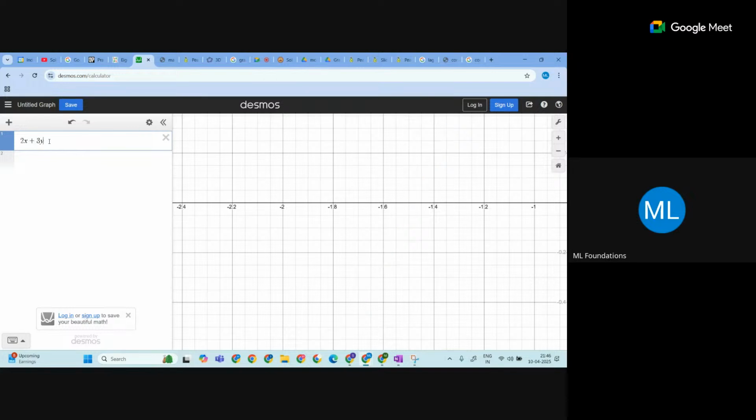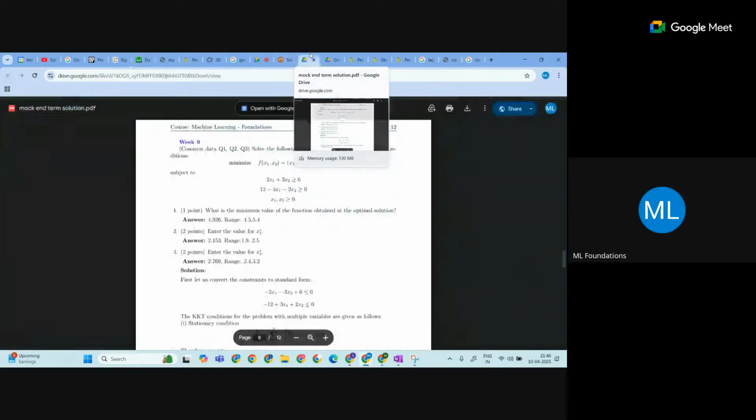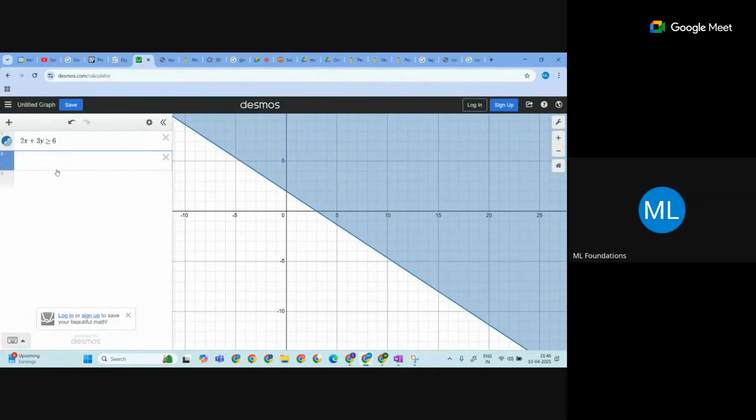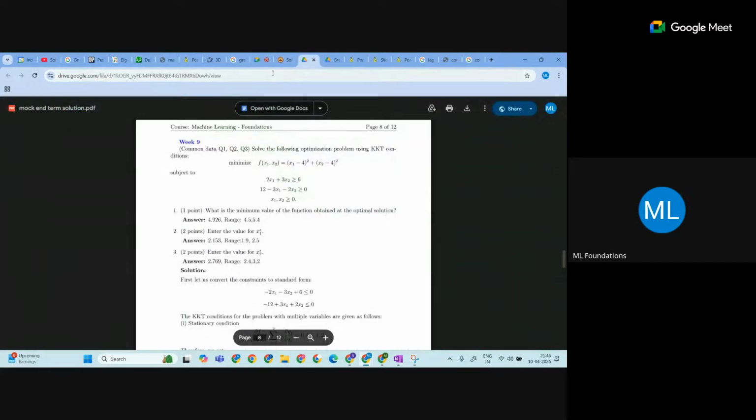2x plus 3y greater or equal to 6. This is the region. And the second one is 12 minus 3x minus 2y greater or equal to 0.